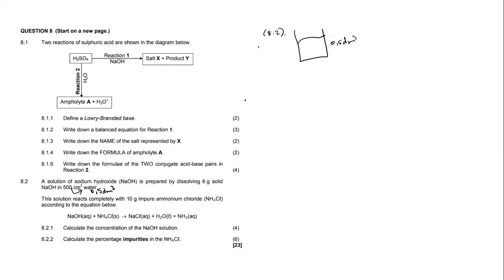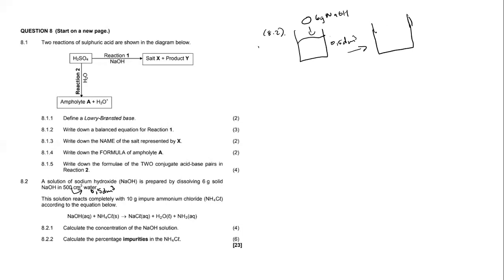So we're gonna take sodium hydroxide, in the form of solid, right? This is a solid of sodium hydroxide. I'm just making an example. The mass of this sodium hydroxide in solid form is 6 grams. So we're going to weigh this in water. Now, a solution will be prepared.